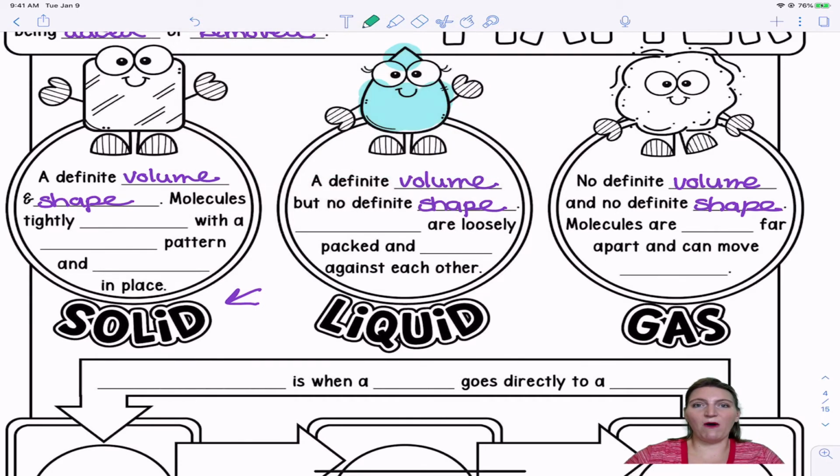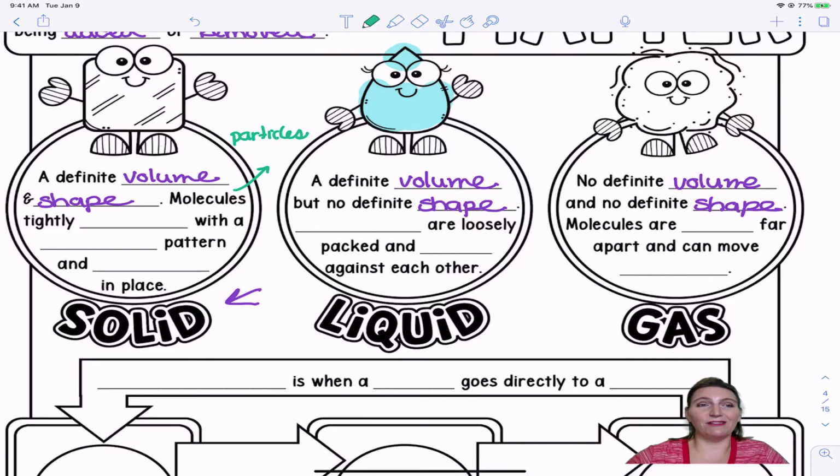Now, let's talk about how the particles are put together. So the doodle notes that I have say molecules. I want to expand that and just use the word particles, because molecules is a very specific term. It means when you have two or more nonmetal atoms held together by a covalent bond.